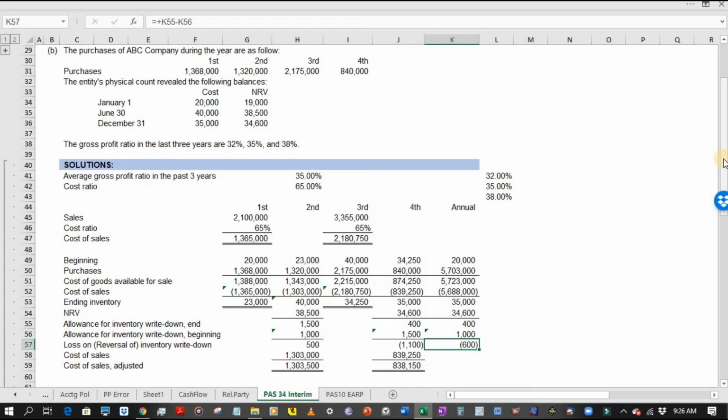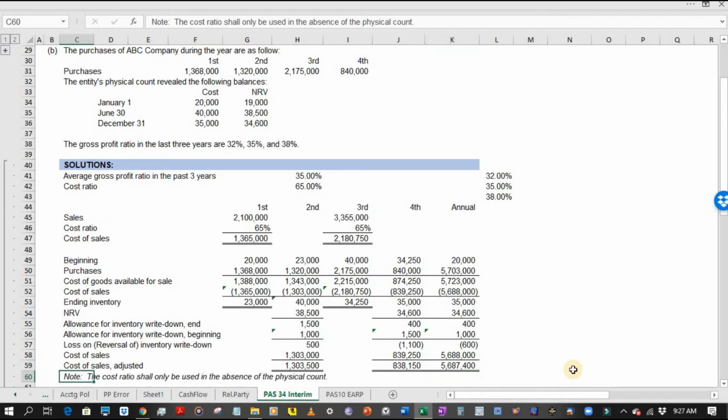If there is a reversal, that will be a deduction from the cost of sales that we have computed. So that will be deducted from 5,688,000, which is the initial cost of sales we have computed. So the adjusted cost of sales for the year is 5,687,400 pesos. This will be the amount that will appear in the annual income statement as the cost of sales, 5,687,400. Then the ending inventory that will appear in the December 31 statement of financial position is 34,600.